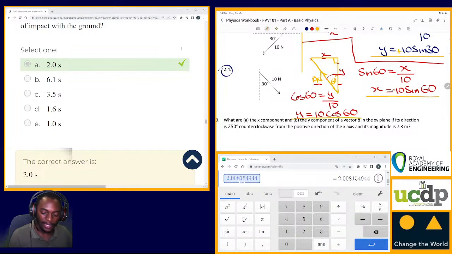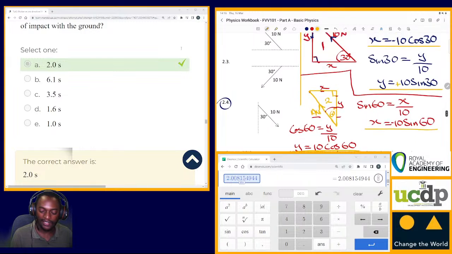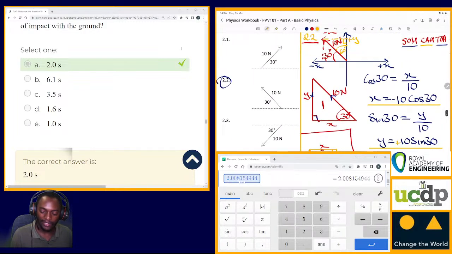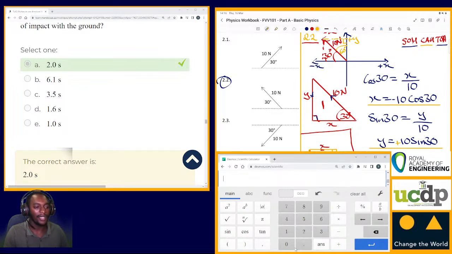Okay, so now look at case number 2. For x, we have negative 10 sine 60. But for the first triangle, we had negative 10 cos 30. Which one is correct? We now have two, so we have to come to our calculator and check. Cos 30 is 0.866.